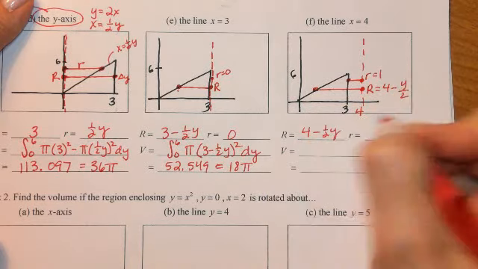Little r is 5 minus x squared. So the volume is the integral from 0 to 2 of pi times big R squared minus pi times little r squared. Again, be careful with that. And we're going to get 63.670, which is 304 pi over 15.